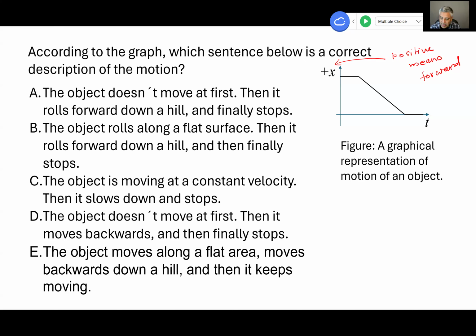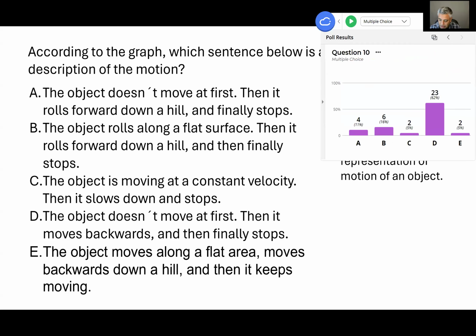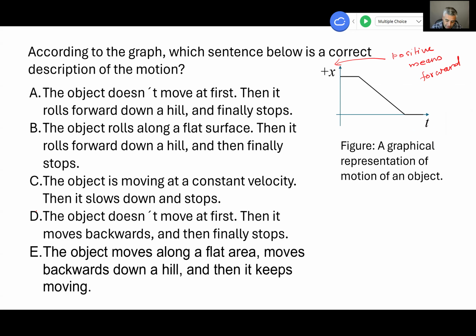So this is a bit challenging question. Let's see how we did here. So mostly D, and that is the correct answer. The object does not move at first. Slope 0 means it does not move. Slope negative means it moves backward.